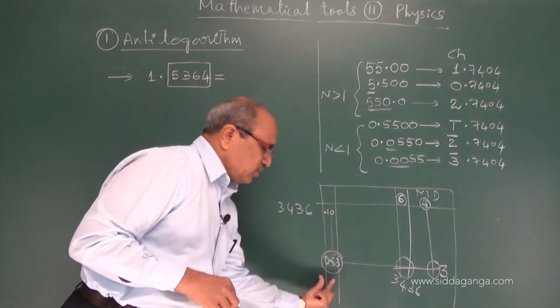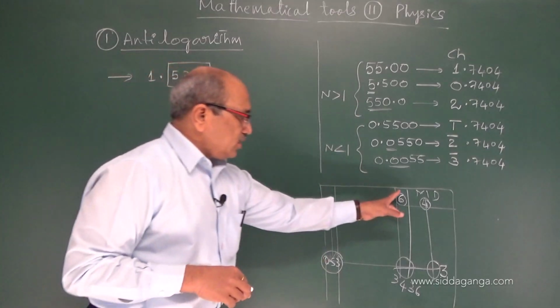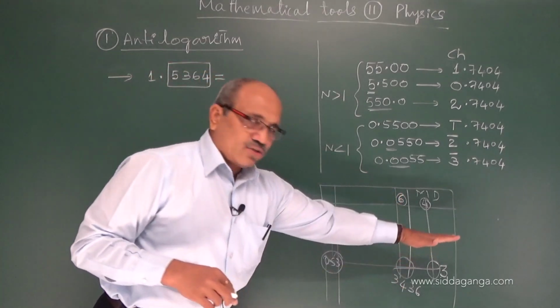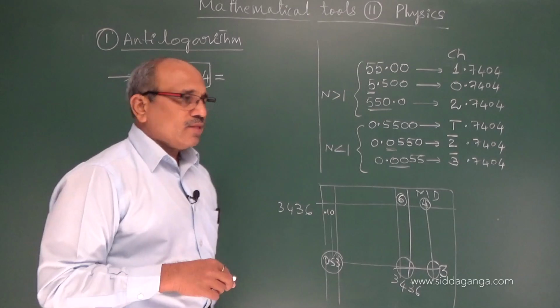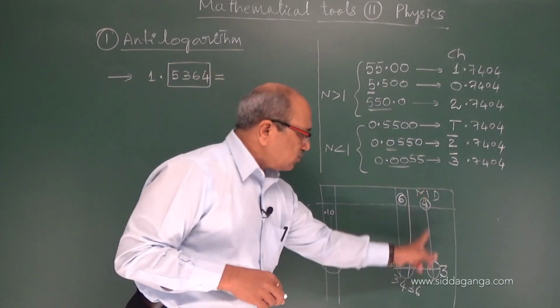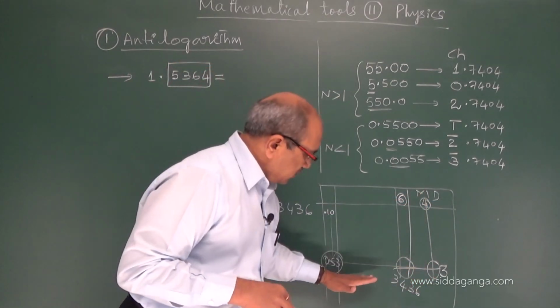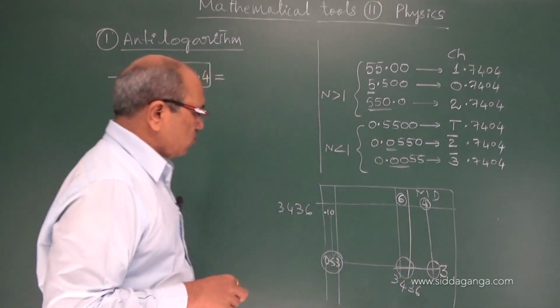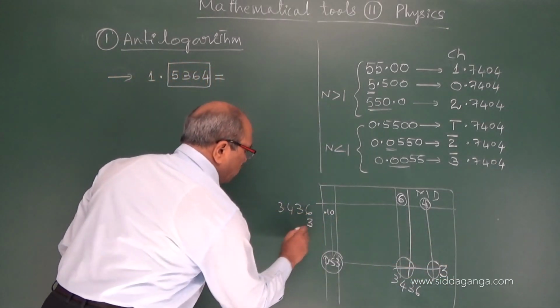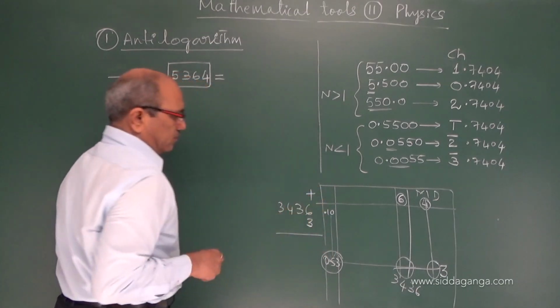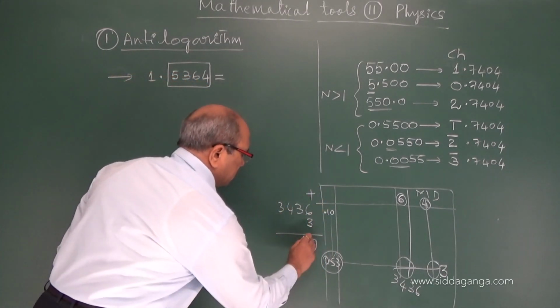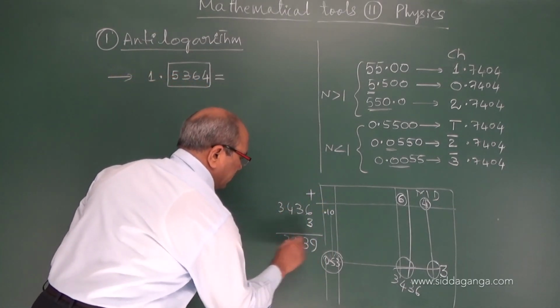First 2 digits, go down the leftmost column; third digit, follow that column and move in that row, the intersection will give you the number. If you have a 4th digit, move down that digit's column in the same row and get the mean difference. The mean difference I got is 3, you add it, and you get 3439.